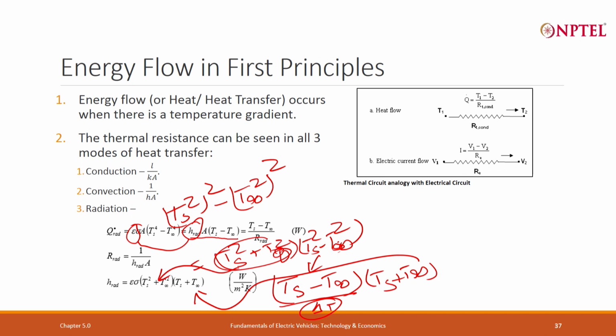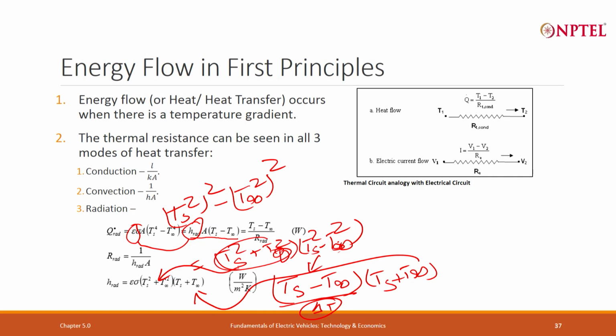For electric flow, I is nothing but delta V by R, so again you should have a potential differential. These two are correlated, with similar equations. Here it is delta T, there it is delta V, and the denominator is resistance: thermal resistance here, and electrical resistance in that case.